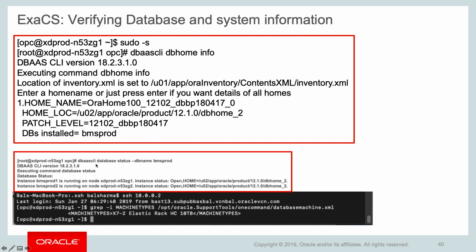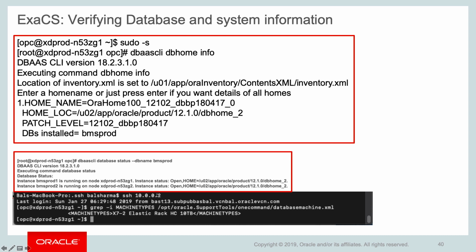The other command I have issued is dbaascli database status, and I'm providing the database name as an argument. So it shows all of the instances are running and their respective nodes, and also their Oracle home on the system. Another way to check is to log into your Exadata node.